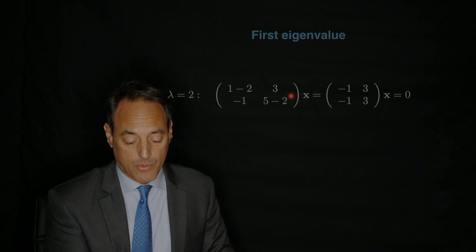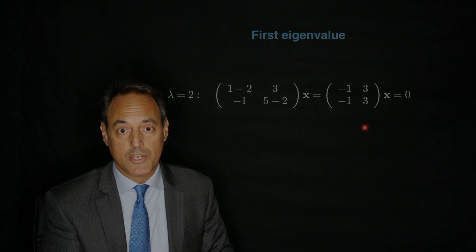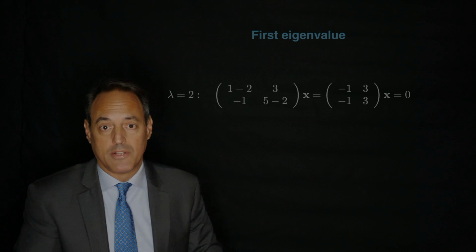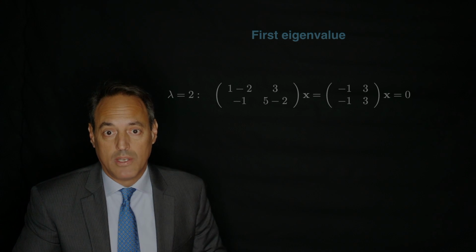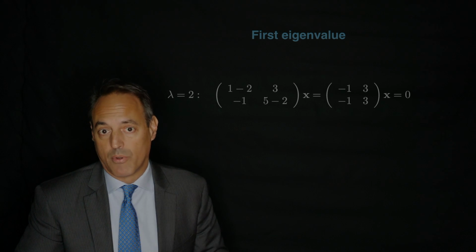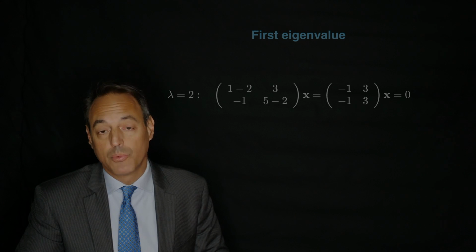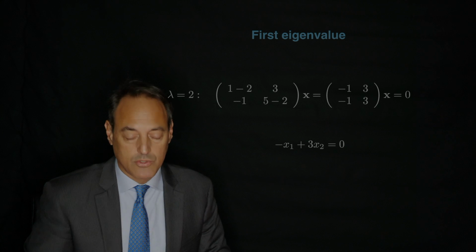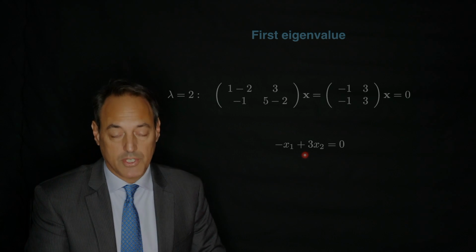What you end up with is this equation here. But notice the first and the second equations are exactly the same. Minus 1 times x1, which is the first component of x, plus 3x2, which is the second component of x, is equal to 0. So I can write that here as this equation.